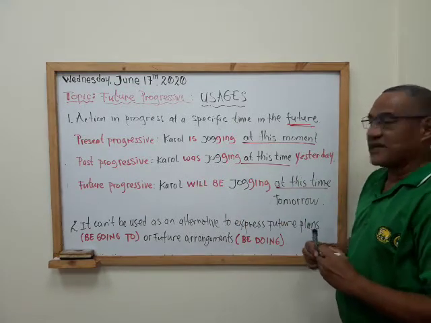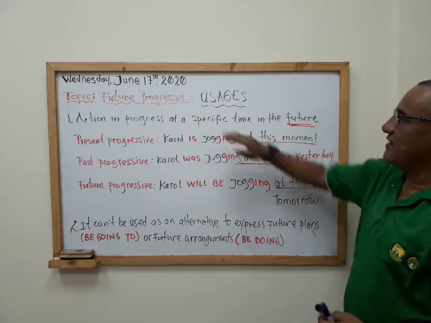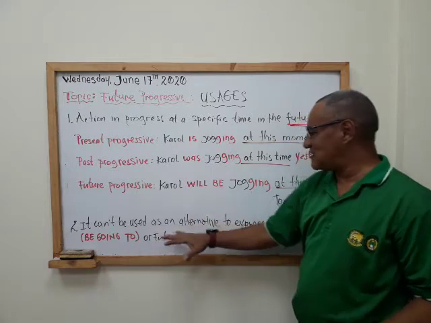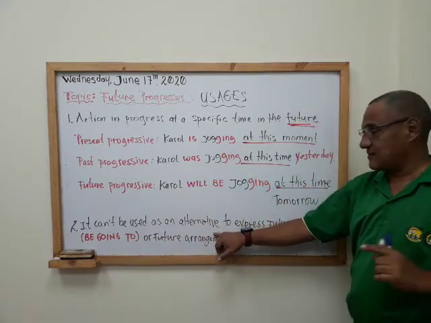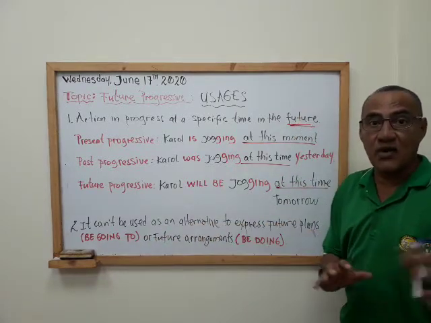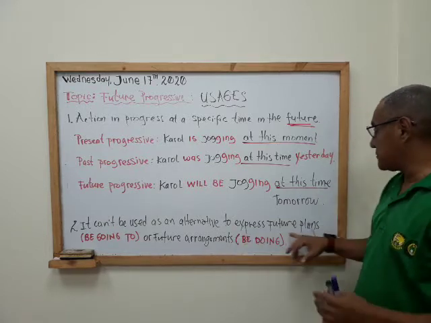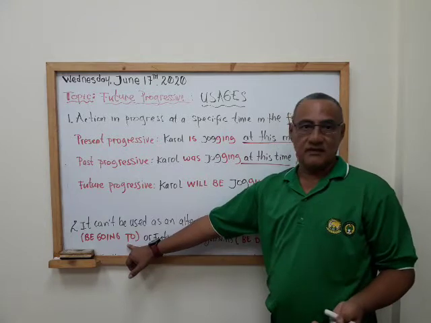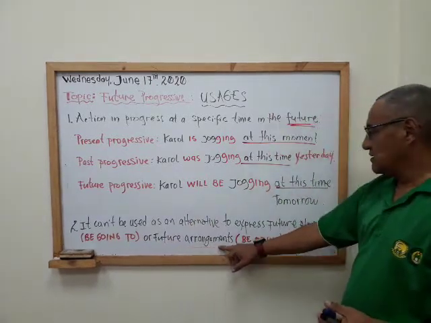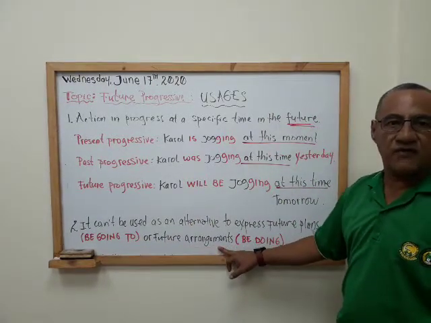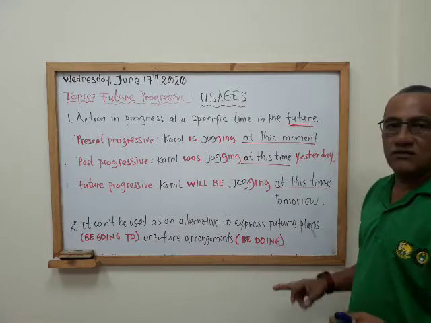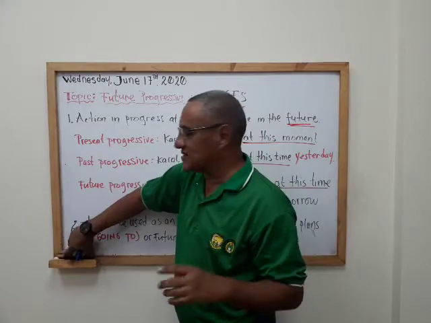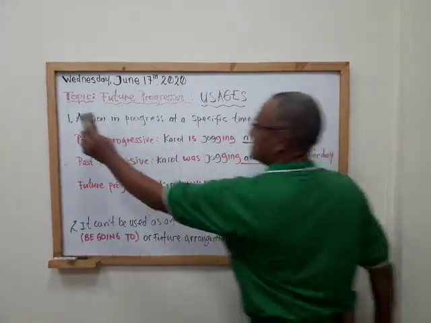The other usage of the future progressive is that it can be used as an alternative, on some occasions, not all the time, to express future plans, which is be going to, or to talk about future arrangements, which is the present progressive. Let me illustrate this.